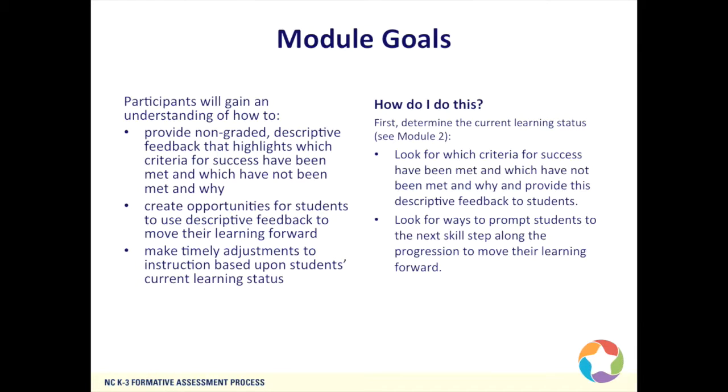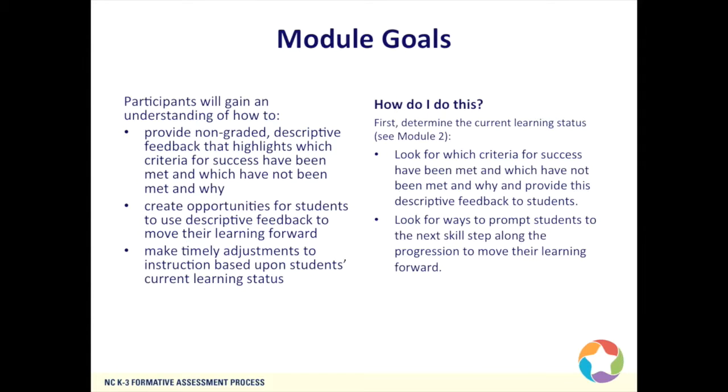Well, how do I do this? First, we need to determine the student's current learning status, and we learned how to do this in Module 2. We'll look for which criteria for success have been met and which have not, and why, and provide this descriptive feedback to students.